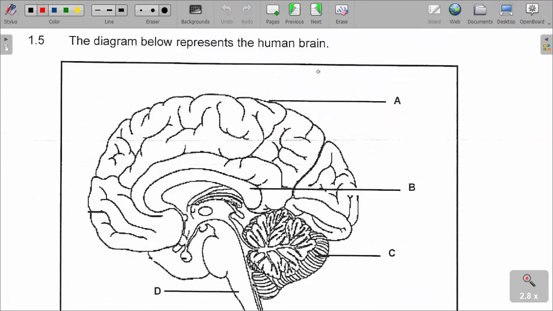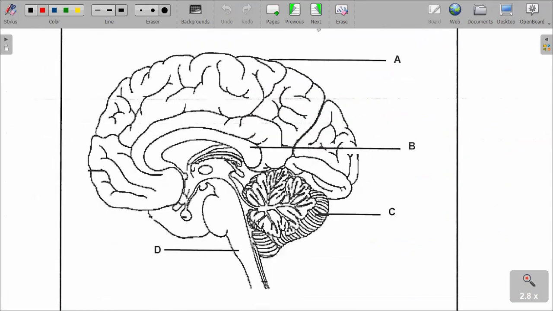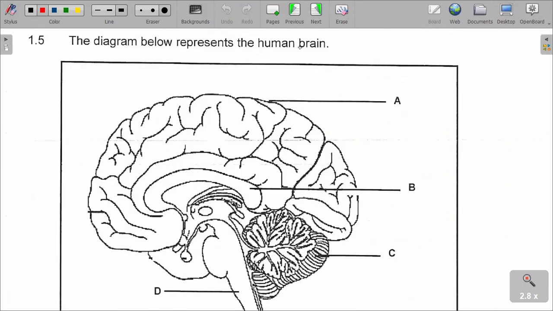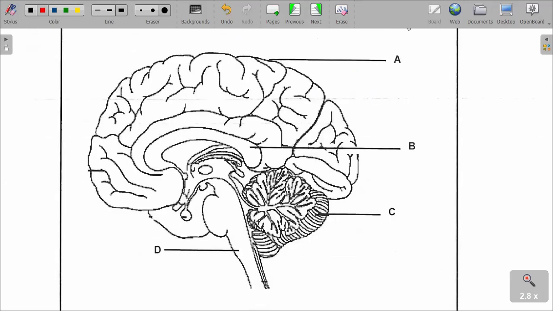So 1.5, it is the diagram that represents the human brain. Guys, please check the videos within our channel. There is a very thorough lecture representing the human brain.